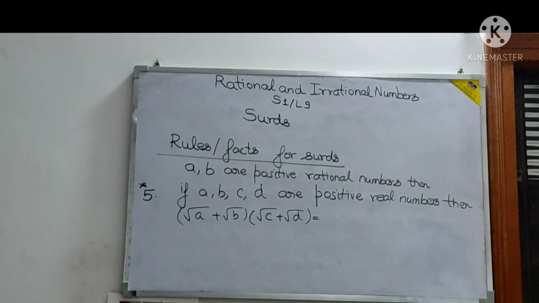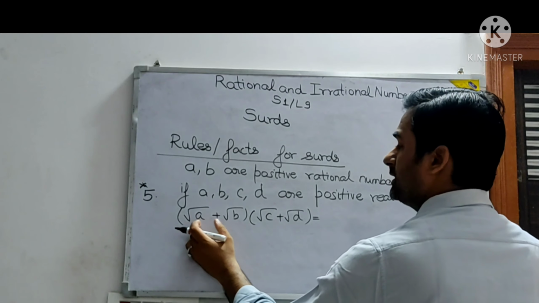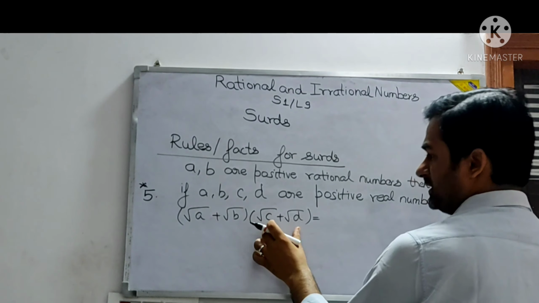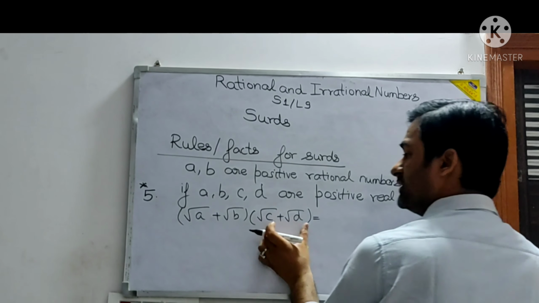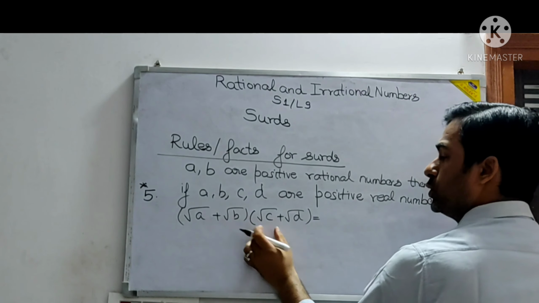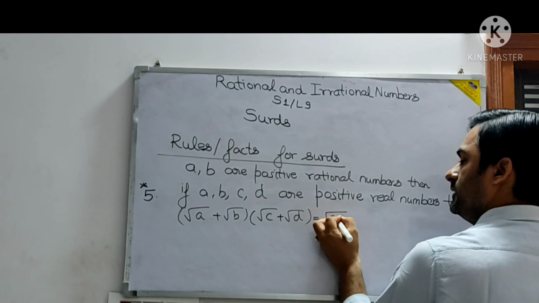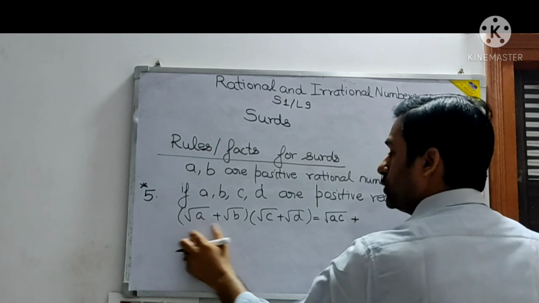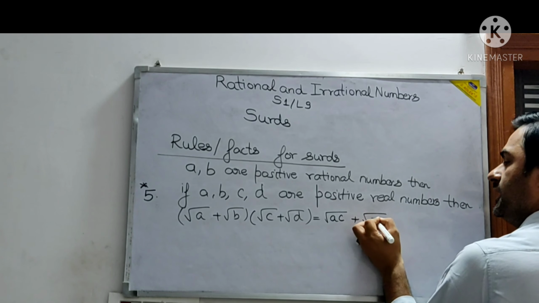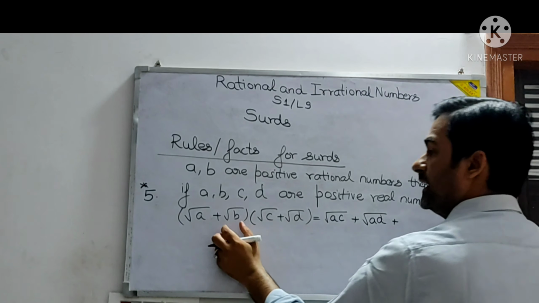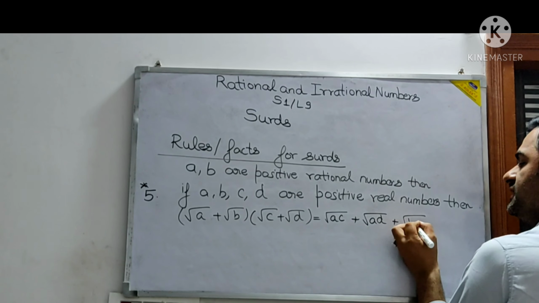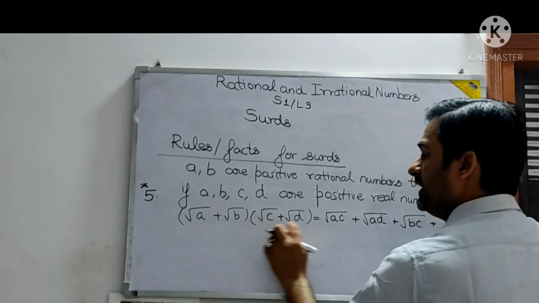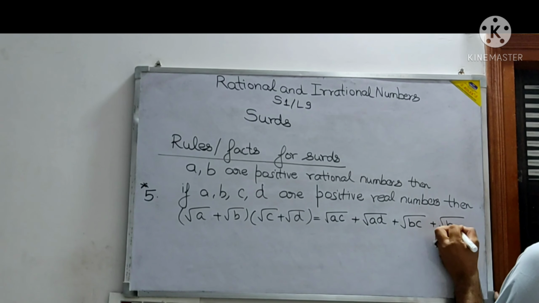If you multiply them like this, what will happen? Just like you have been doing x plus y and z plus a. First a you will take and multiply with c and d. Root a into root c will be under root ac, plus root a into root d will be under root ad. Then we'll take b and multiply: root b into root c will be under root bc, and root b into root d will be under root bd.